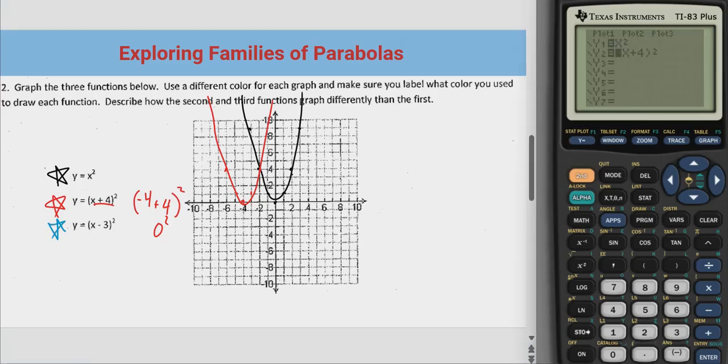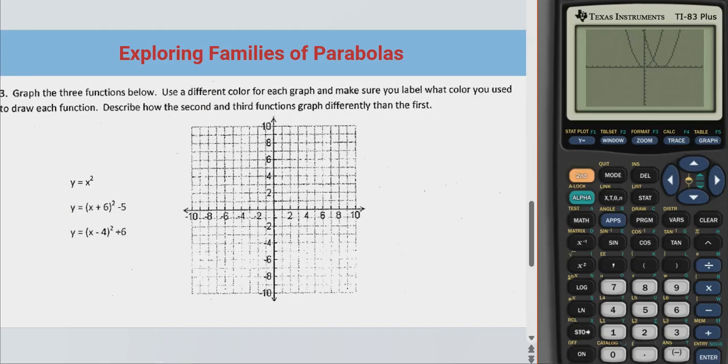Type that in. Right? And we can probably predict then that that is going to move that vertex right 3 units. Okay, so I get my graph here. So what we do in the parentheses moves the graph side to side horizontally.